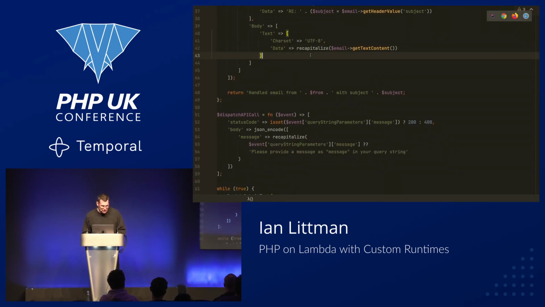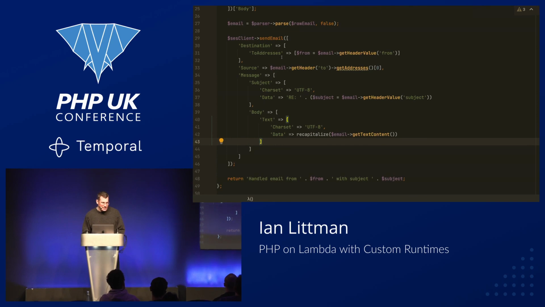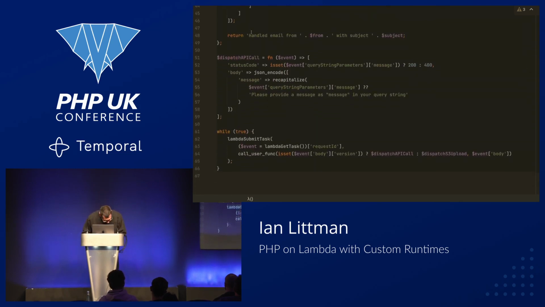And then we randomly capitalize the entire message body using mb_strtolower and mb_strtoupper, and then provide that as part of this SES API, which we're just using the AWS SES SDK for because it's authenticated within Lambda, so you don't have to deal with any SMTP weirdness.